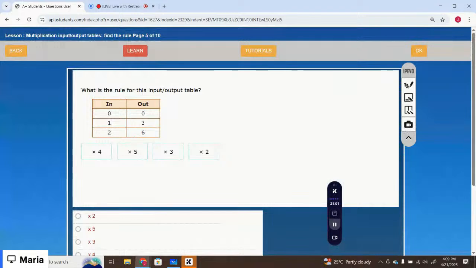What is the rule for the input output table? So which is the correct option?